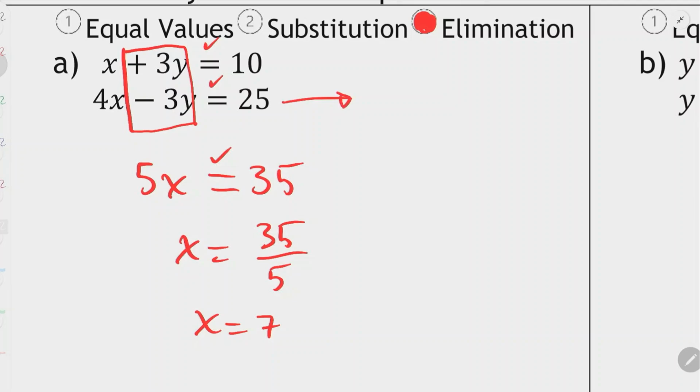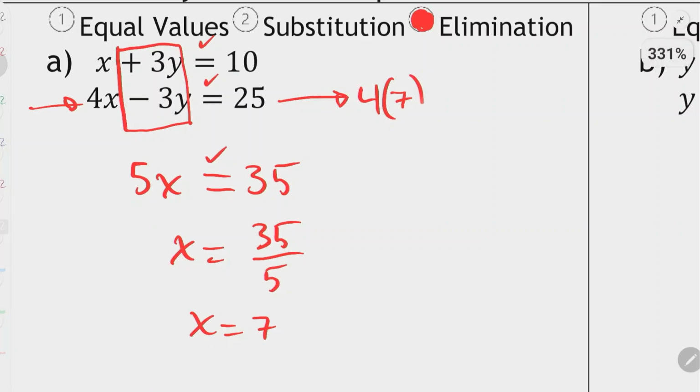If I use this equation, I now know what x is, so I'm going to write everything except I'm going to replace x with what I know x to be. So this equation becomes 4 times 7, and then minus 3 times y is 25. 4 times 7 is 28. 28 minus 3y is still 25.